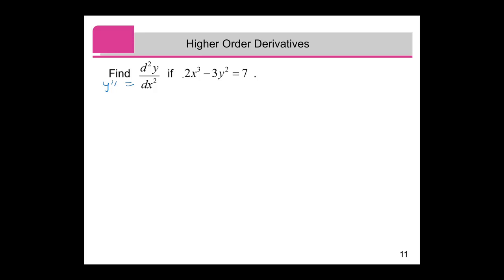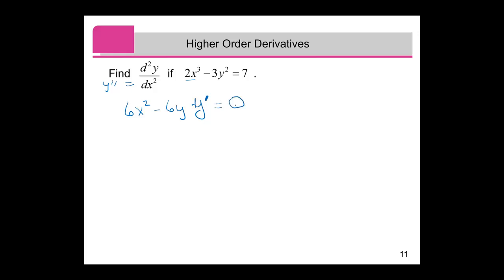So first I'm going to take the derivative of 2x cubed, which is going to be 6x squared, right? Then I'm going to take the derivative of the next one, which is minus 6y. And I have to take the derivative of y, so we get, I'll just do y prime. I think it is easier with the primes in this one. And that's going to equal 0. Okay?